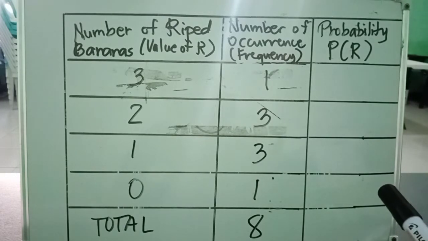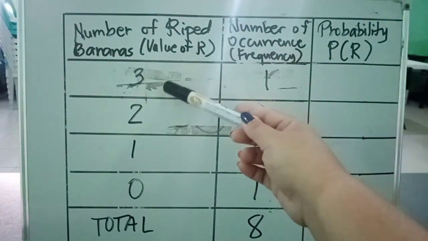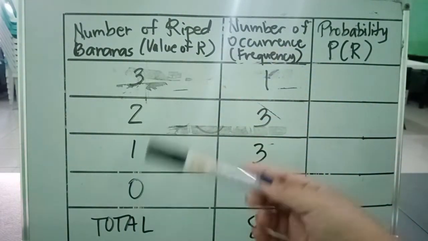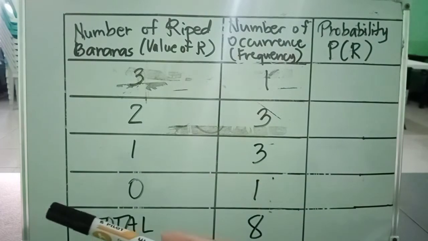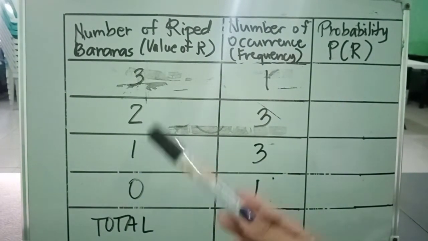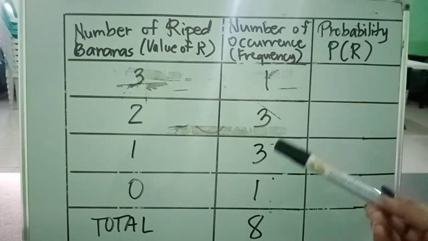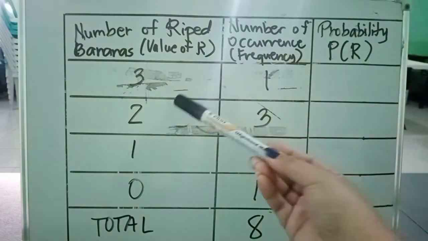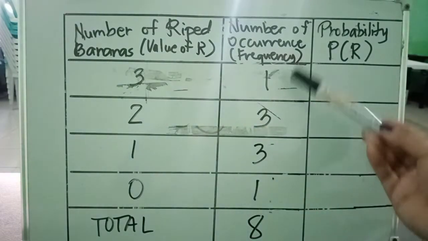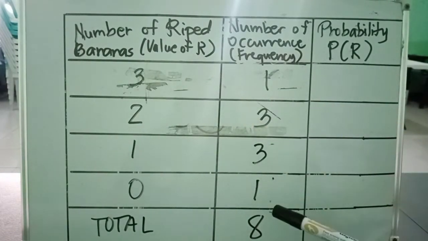We have the number of ripe bananas 3, 2, 1, and 0. These are the values of our discrete random variable from the previous example. The second column is the frequency, or how many times each value occurred: 1, 3, 3, 1. Then the total is 8.